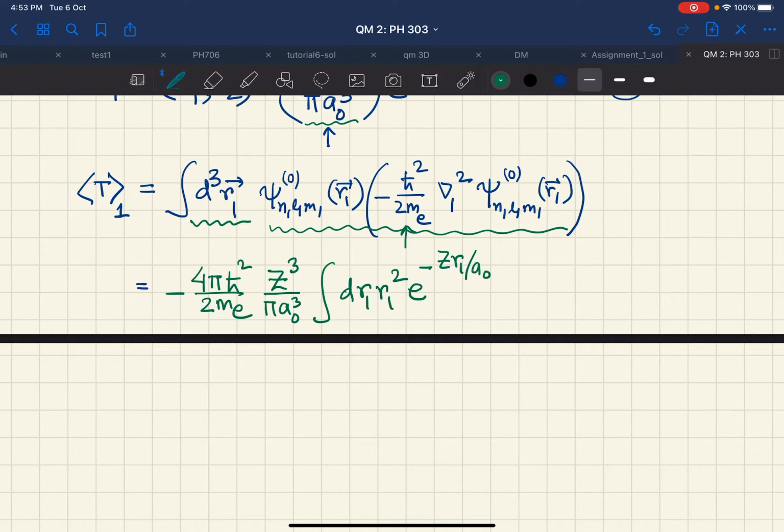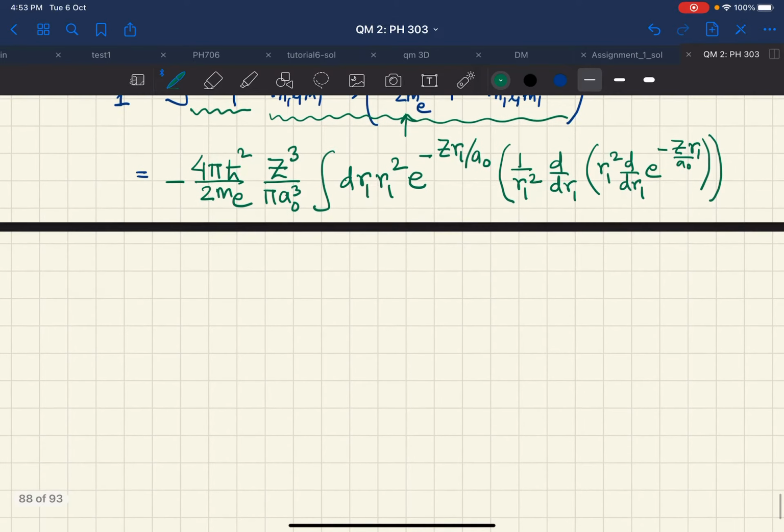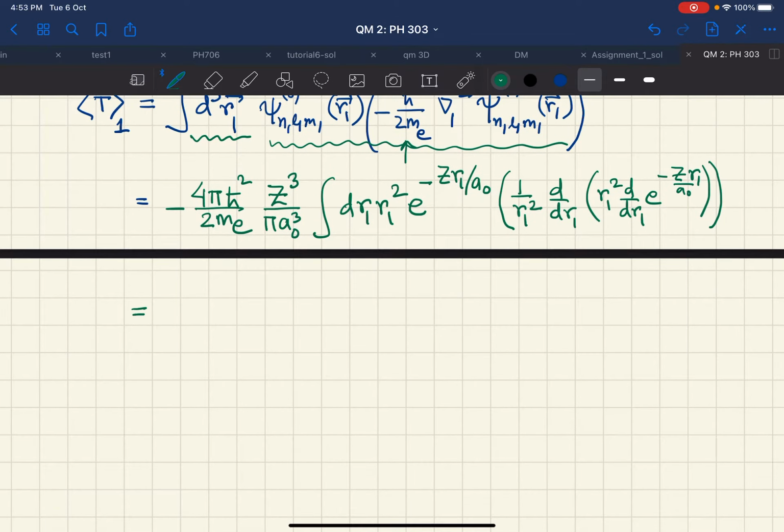We have to write down the Laplacian in the spherical polar coordinate, which has this form: 1 by r1 squared d/dr1 of r1 squared d/dr1, which will act on the wave function e to the minus Z r1 by a0. There will be no d/dtheta and d/dphi term because there is no theta phi dependence explicitly. So now this should give us minus 2 pi.